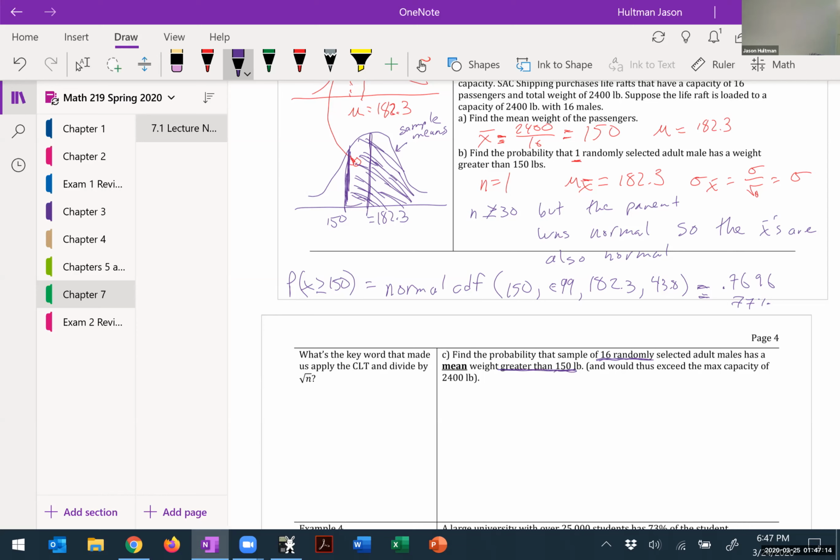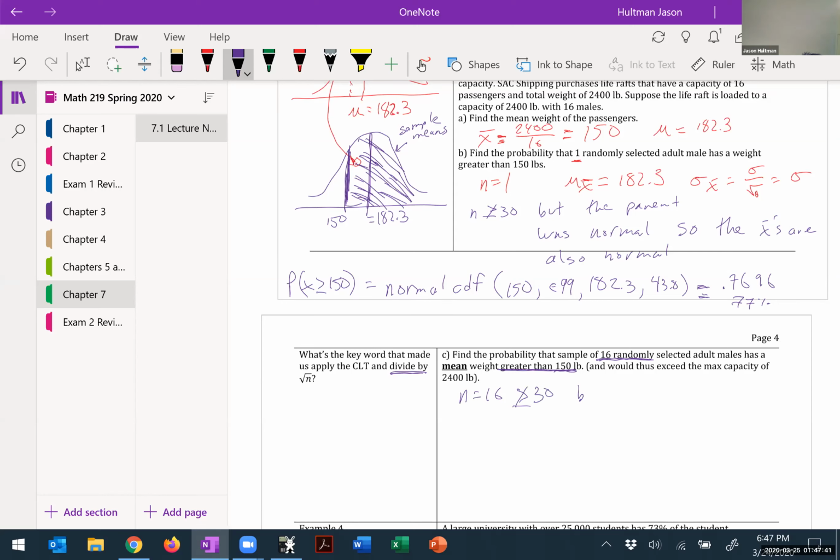Now I want to know what happens when I take a larger sample size, not just one-to-one. Well, we have to divide by the square root of n, and n in this case is no longer 1. It is 16, which is still less than 30.